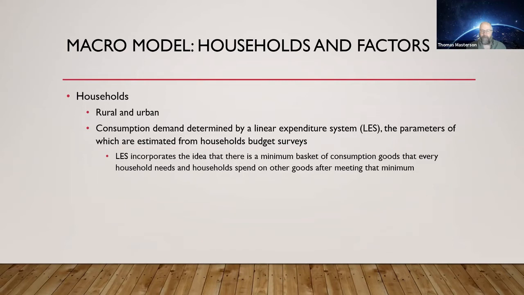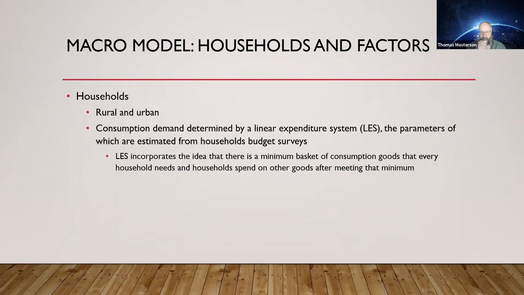Their consumption demand we determine with a linear expenditure system. And we estimate the parameters of those from the household budget surveys for each of those countries. The linear expenditure system incorporates the idea that there's a minimum basket of consumption goods that every household needs, and the household spends on other goods after meeting that minimum.